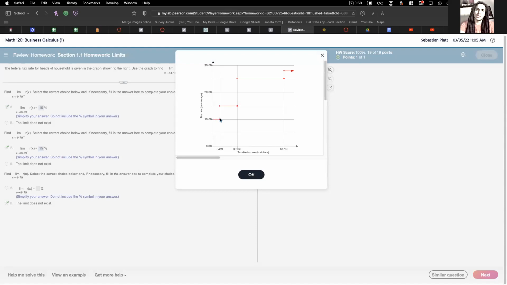If we approach it from the right, you will see that the tax rate is approximately 15% because at the 84.79, at 15%, the point continues to go to the right, unlike at 10%. And because there is a mismatch, this means the limit does not exist.